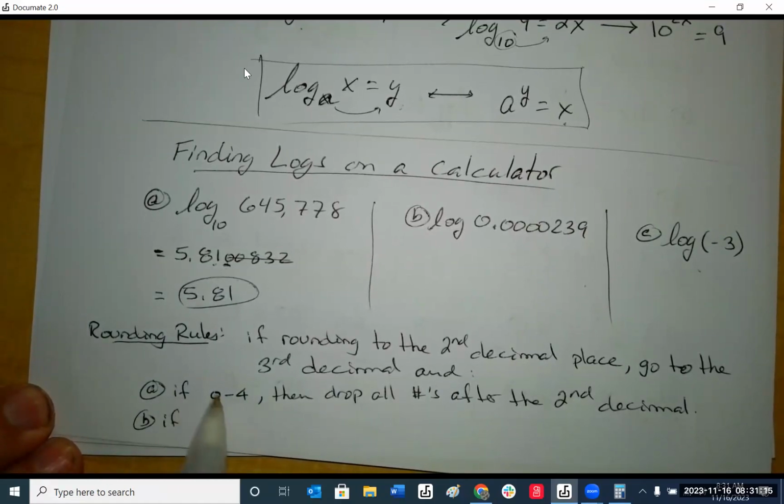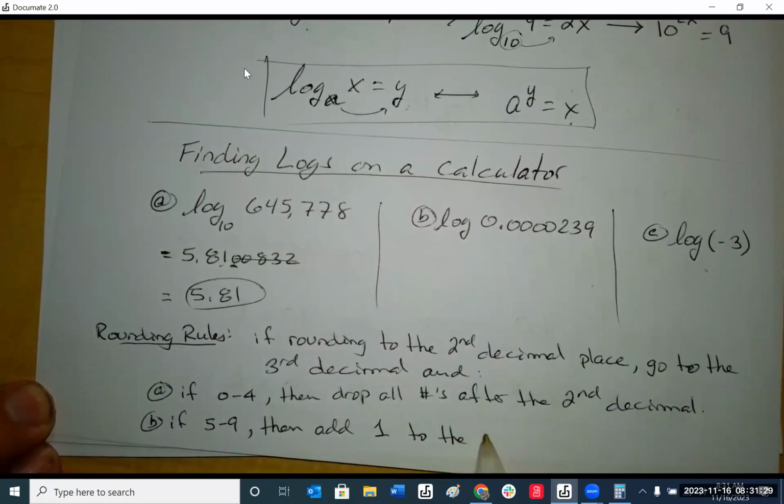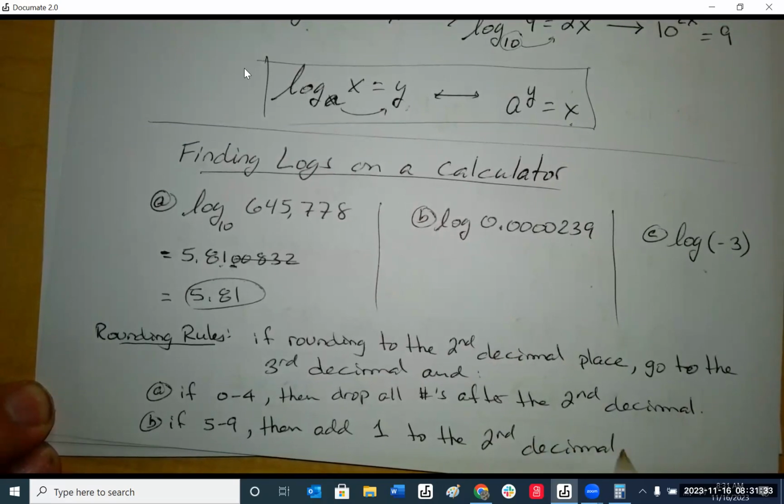If the third digit is between 5 and 9, then add 1 to the second decimal and drop all other numbers.